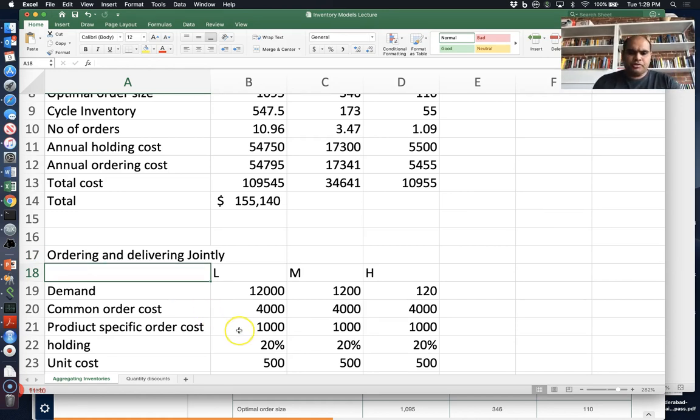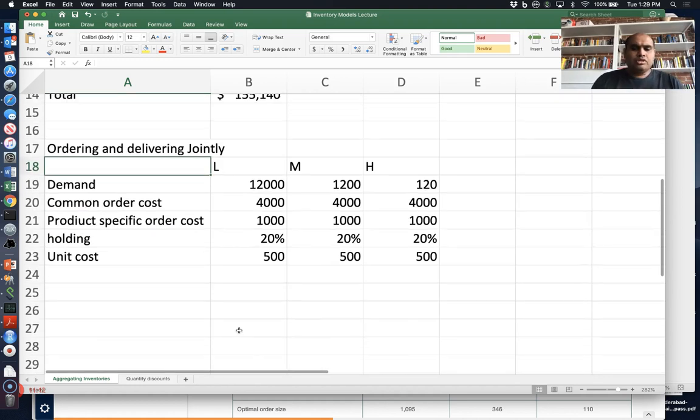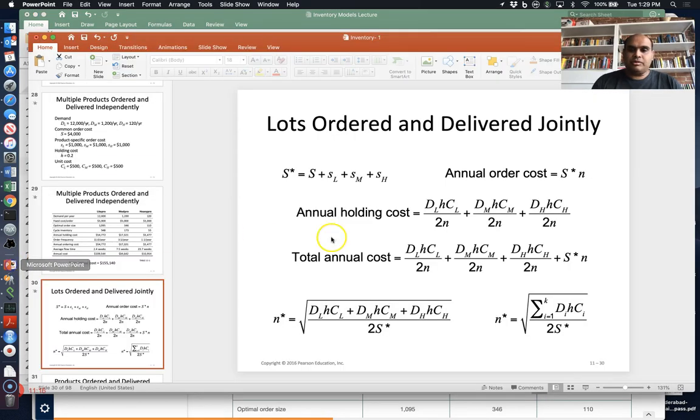Now what do we do? What you do here is you're going to calculate a few of these numbers. First thing that you'll calculate is the total ordering cost. So now this sort of boils down to a single order. It's almost like you have a single item. You can calculate the total ordering cost.